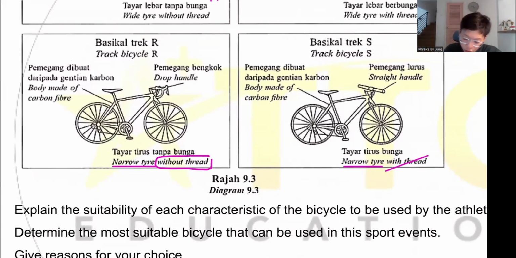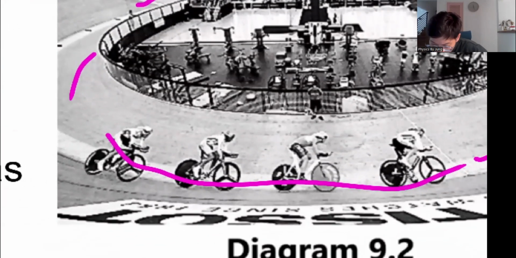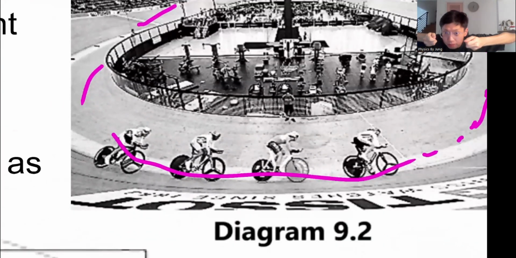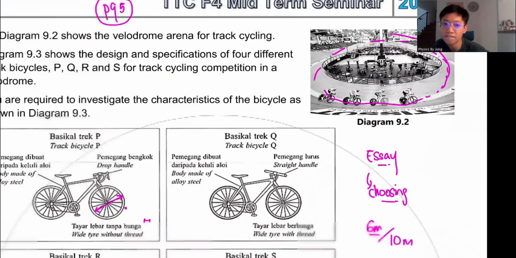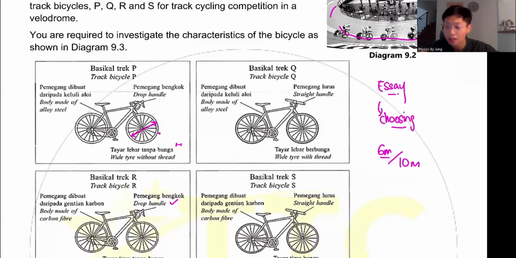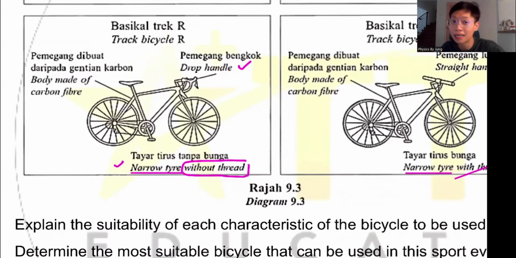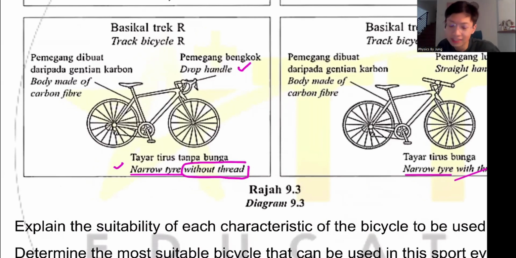Okay, because after I know that this is narrow tire, the second thing is I realize that there is always a drop handle. So what advantage does the drop handle have? You see when they ride bicycle, do you realize that they always bend their body forward? They can drop their body down, right? So the aim is so that they can become more aerodynamic. Yes, correct.